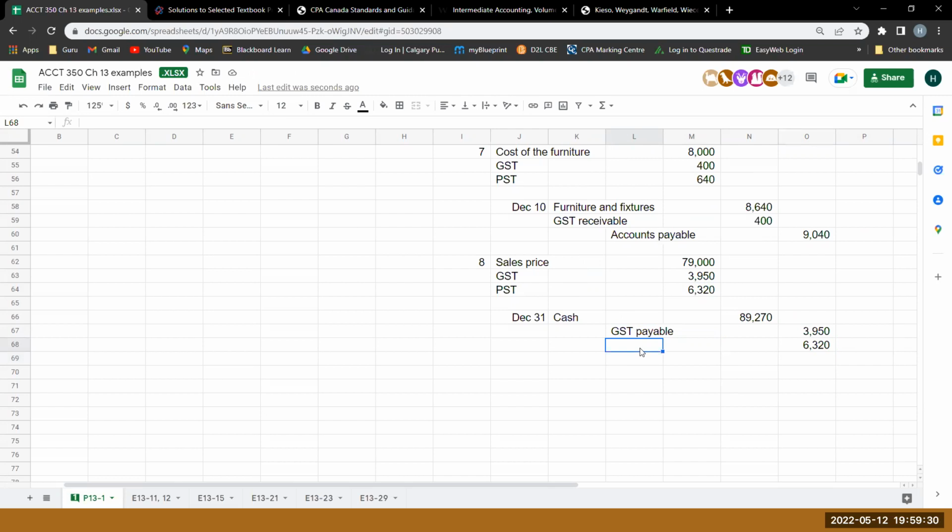So it's sales tax payable or PST payable if you want, 6,320. So really, as far as our sales revenue is concerned, it's basically the sales price, 79,000, right? So that's our sales revenue. The rest of the money we collected, we have to just pay forward. We don't get to keep it. Other than the GST, right? So the GST we do get to offset.